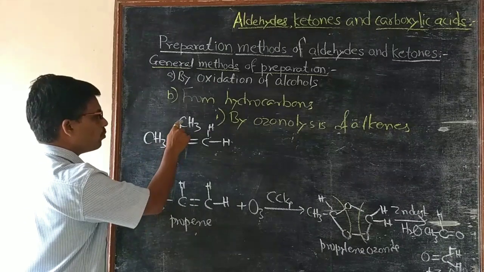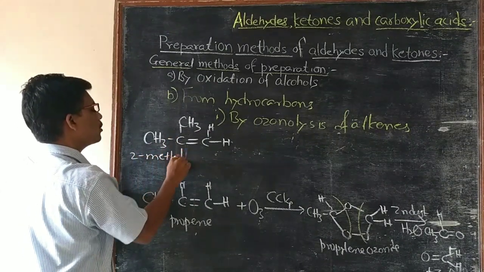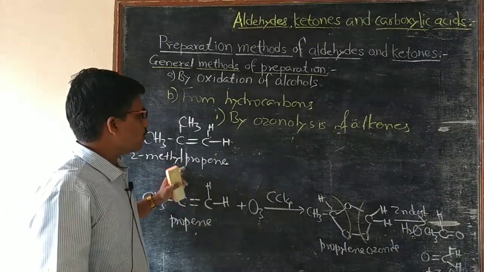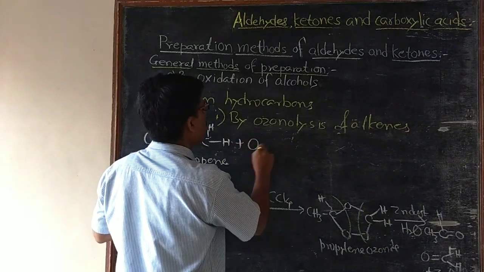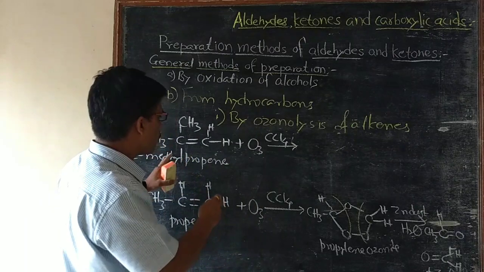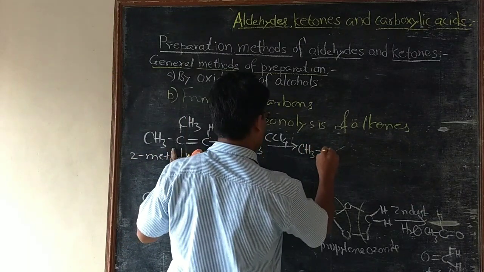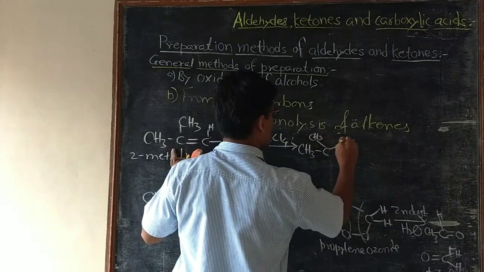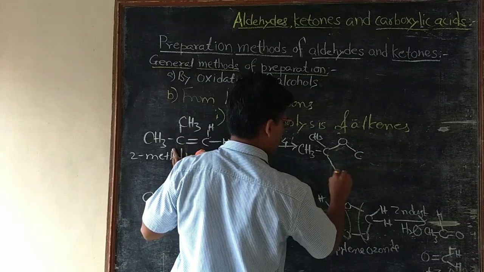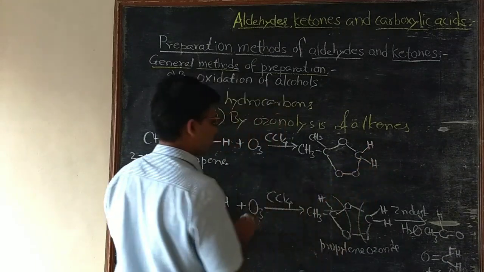It is 2-methyl propene. When it reacts with ozone in the presence of an inert solvent like CCl4, it forms its ozonide, that is CH3, COC, then this bonding and 2 hydrogens.